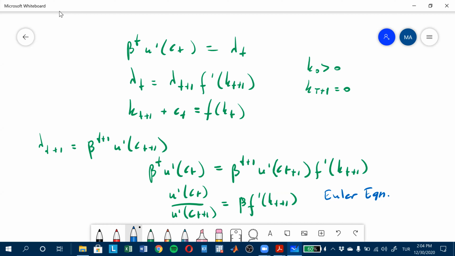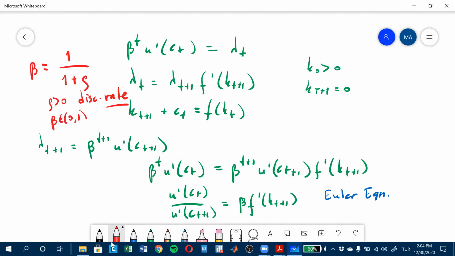Sorry, discount factor. By the way, I forgot to mention this. You may always assume that if rho is the discount rate, beta is the discount factor. You should be careful with this terminology. You know that rho is positive. In that case, the consumer is impatient. And if rho is positive, beta is always between 0 and 1.